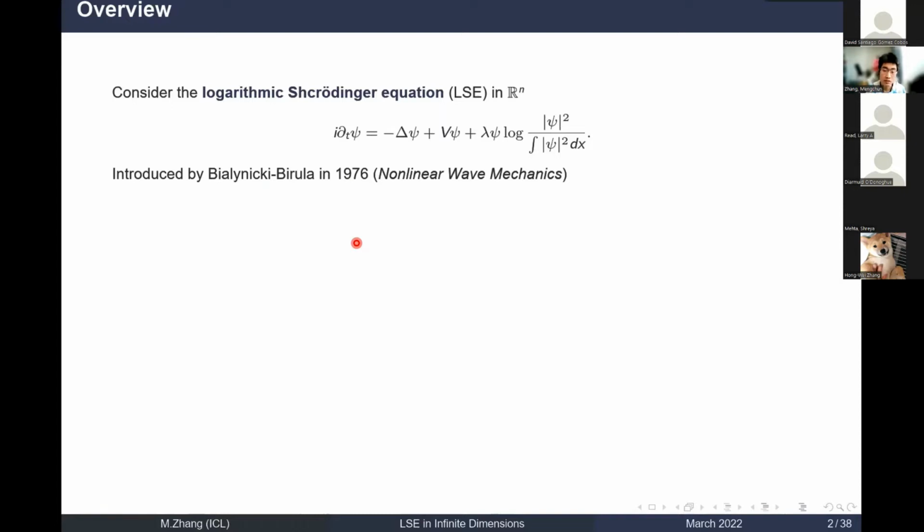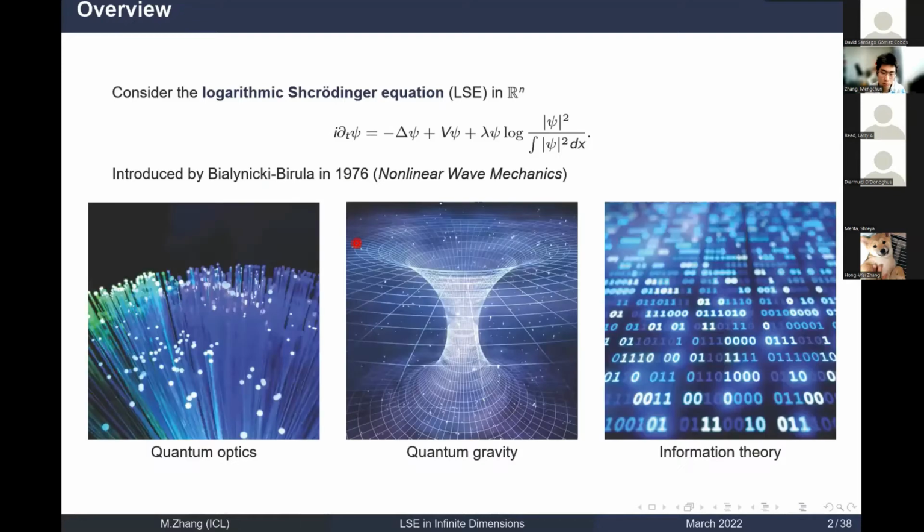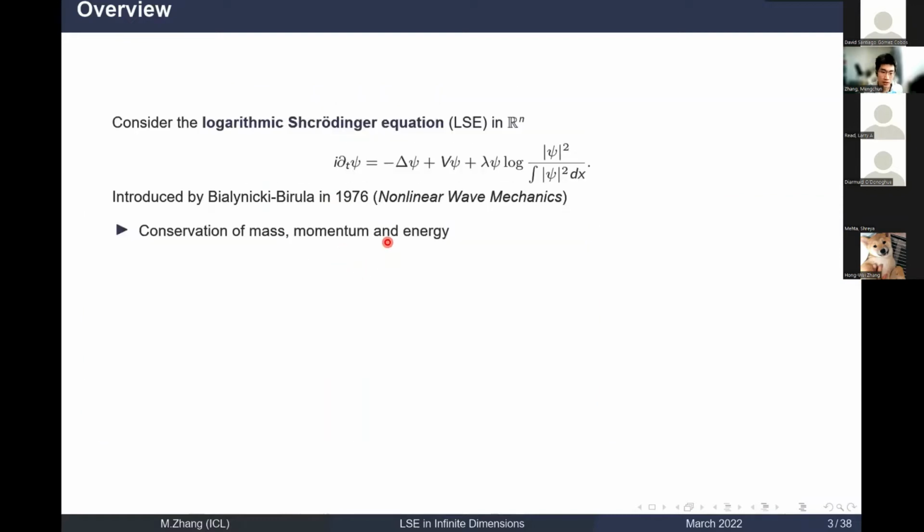Since then, it has been intensively studied, and many applications have been discovered, for example in quantum optics, quantum gravity, and information theory, because this log term corresponds to the entropy of the information. One can show that the mass, momentum, and energy are conserved for this equation, just like the linear case.